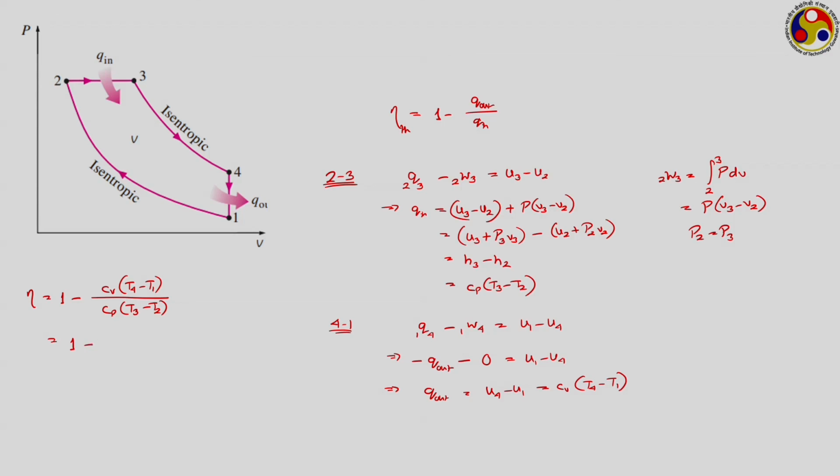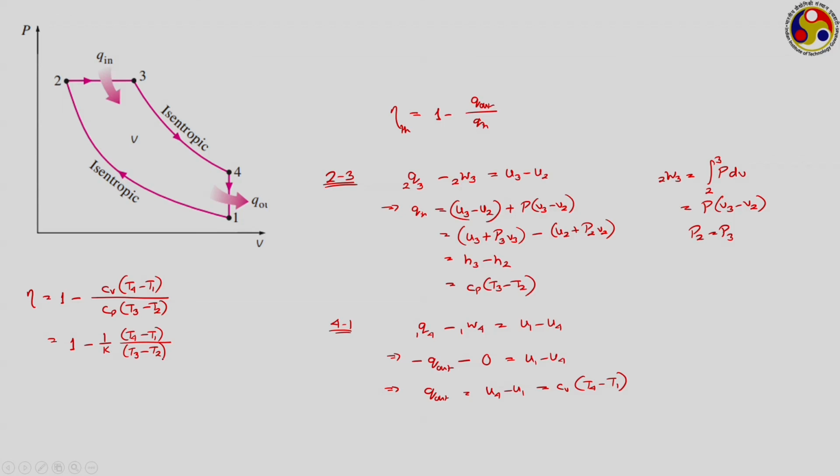Cp upon Cv is k. So, we can write it to be 1 upon k into the ratio of temperatures, that is T4 minus T1 by T3 minus T2.